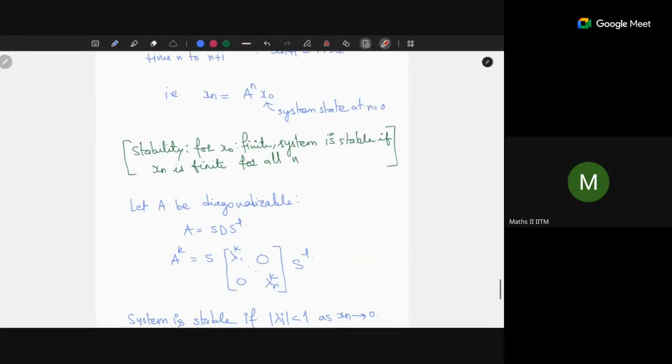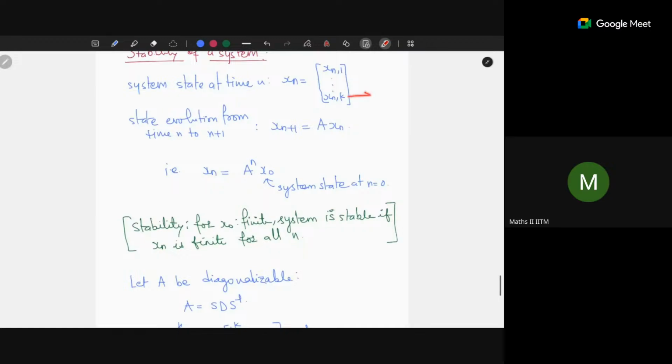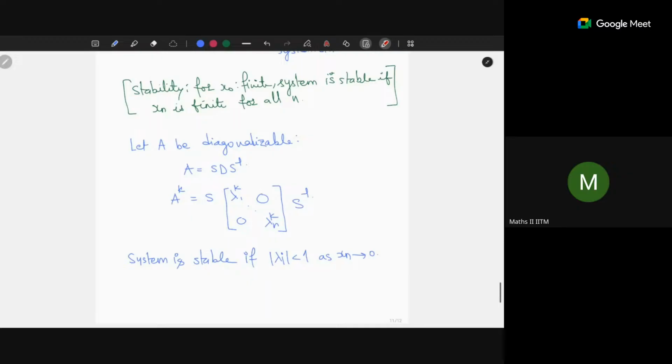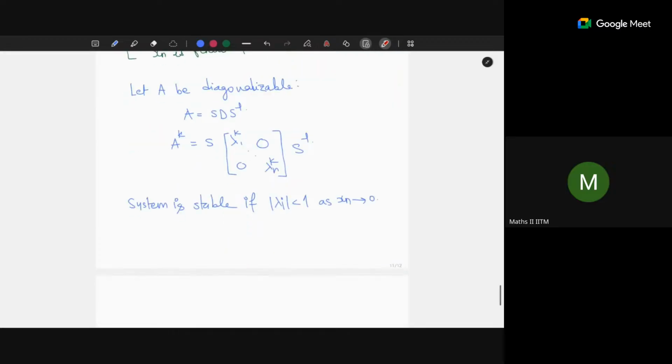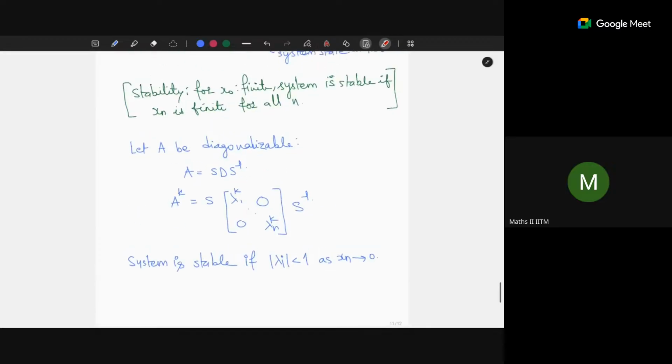This corresponds to the stable system. Now, this is one of the applications of the power of diagonalization.